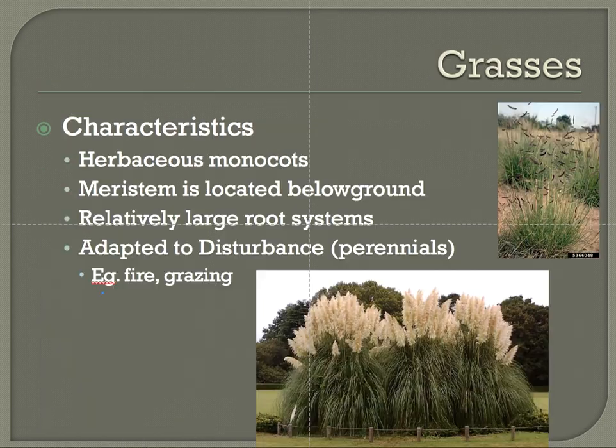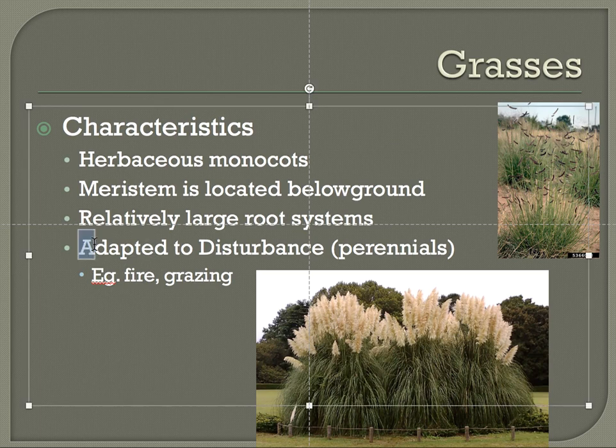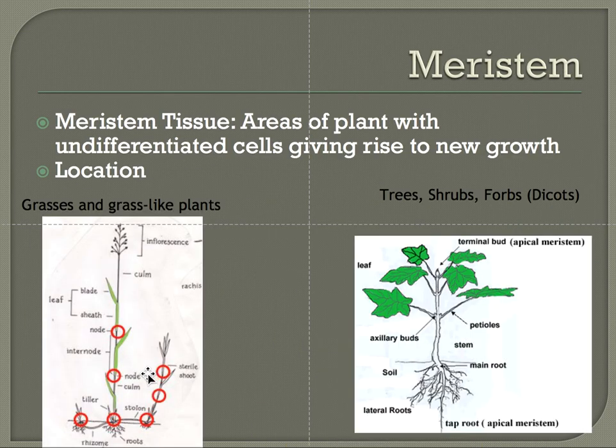So let's go back up to our grass slide here. That means I'm going to jump down to the fourth bullet point. Grasses are really well adapted to disturbance, and it's because of that meristem location. So remember, if the meristem gets damaged, the plant's less likely to grow.